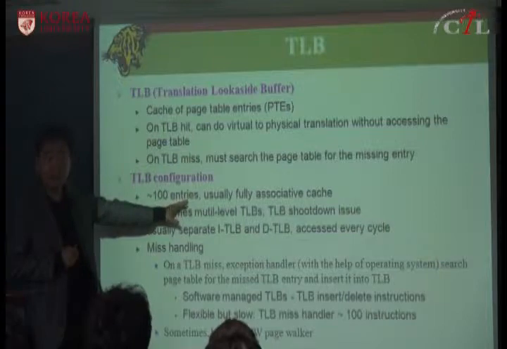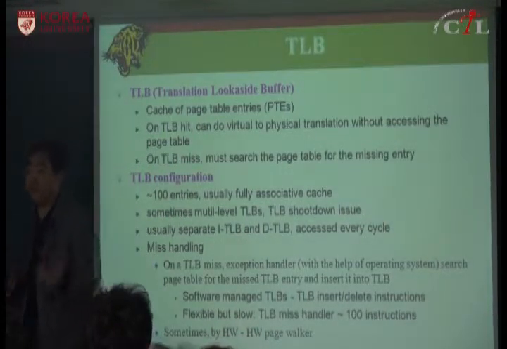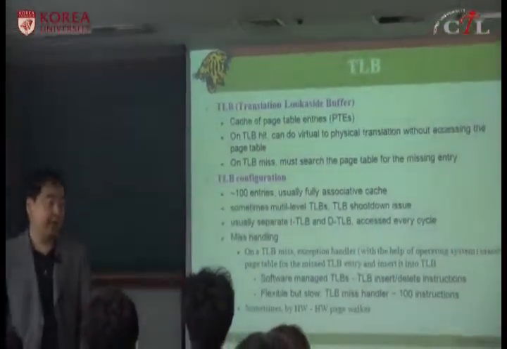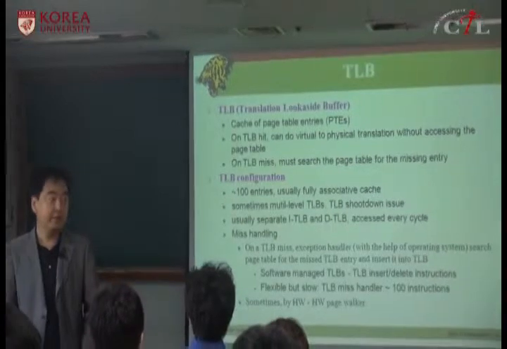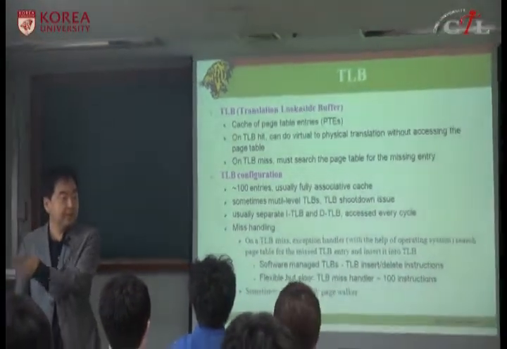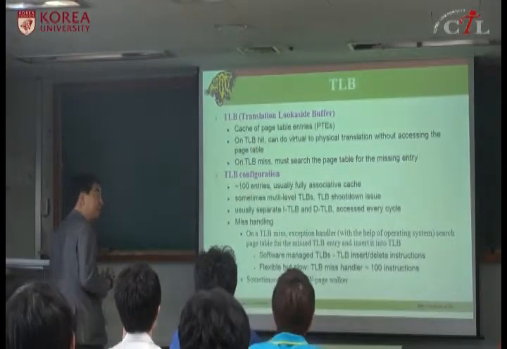TLB miss is more important because, as one student mentioned, for every instruction they have to reference the TLB, because they have to look up the instruction TLB, right? For a fetch stage. And if it's a load instruction, it generates another data TLB access, which means the TLB is accessed more frequently than the cache.